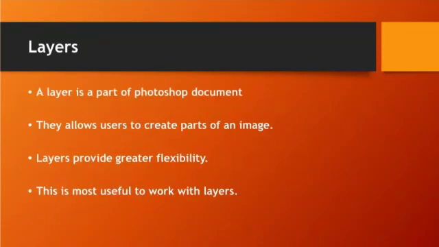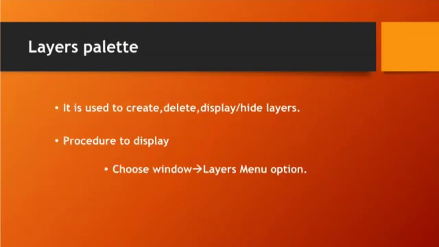Then the layer palette contains the names of all the layers in an image. It is used to create, delete, display or hide the layers. It is also used to merge and link layers. The layer palette also shows whether a layer is currently visible or not.